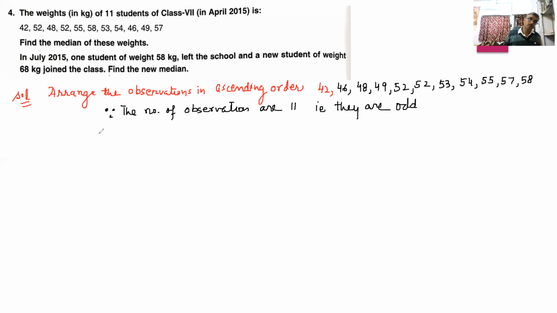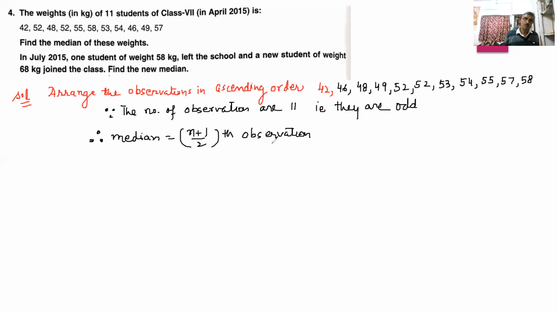Therefore, median is equal to the n plus 1 by 2th observation. Count from here.